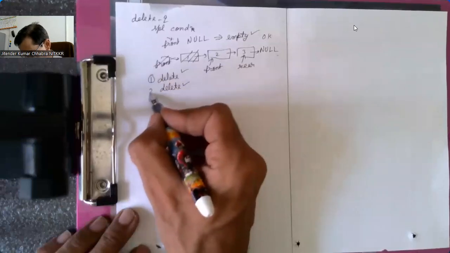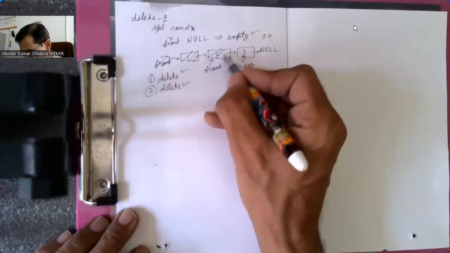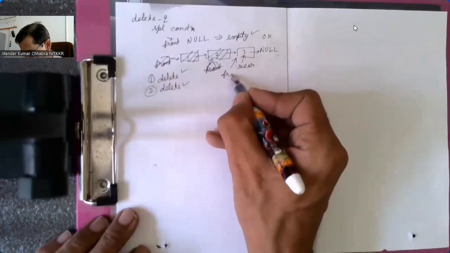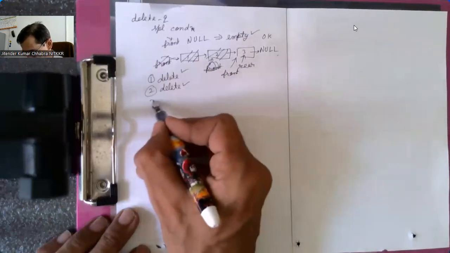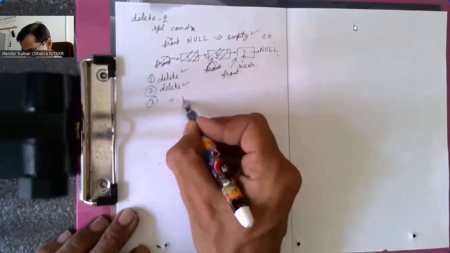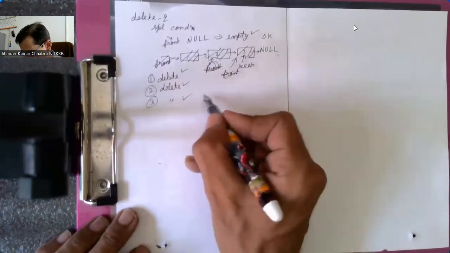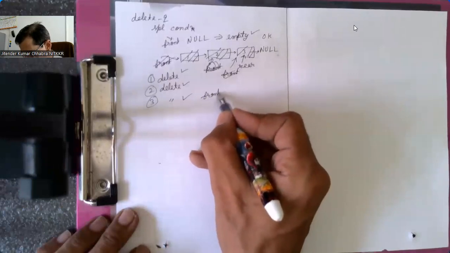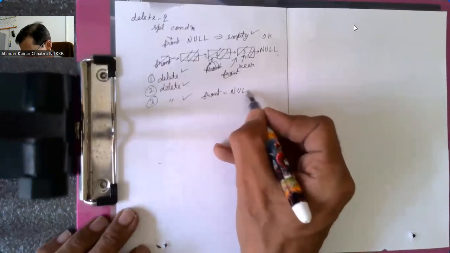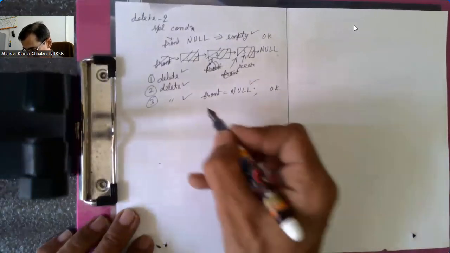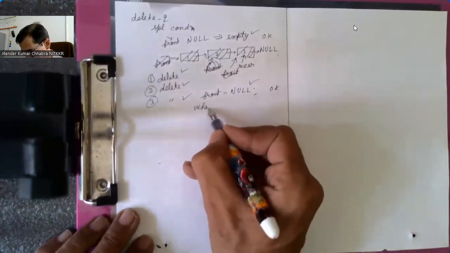Again delete. First time you have deleted, you deleted second. 2 freed, 2 returned, printed also. Front comes to this node. Again delete. Perfect again. 3 deleted, node freed, and front will be made as null. You will make front equal to null because last node has been deleted. Perfect. But what about rear now?